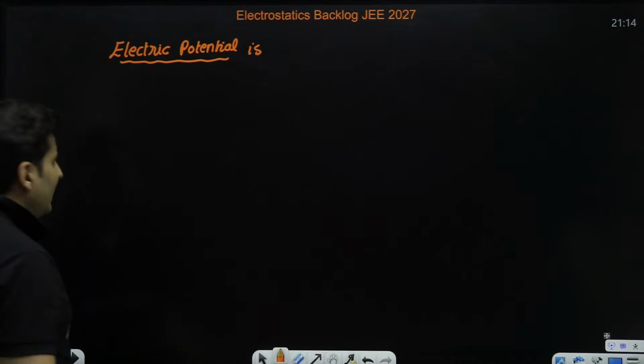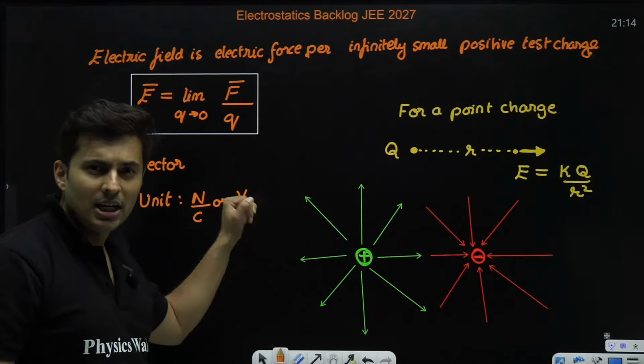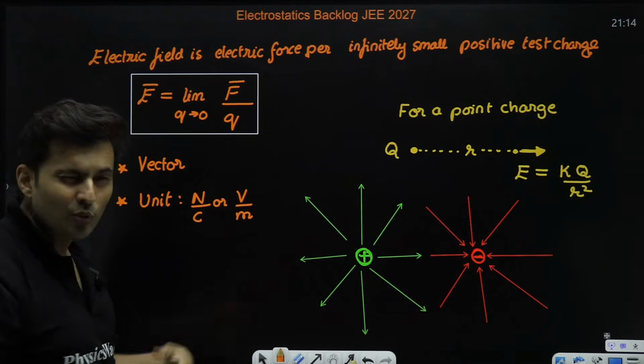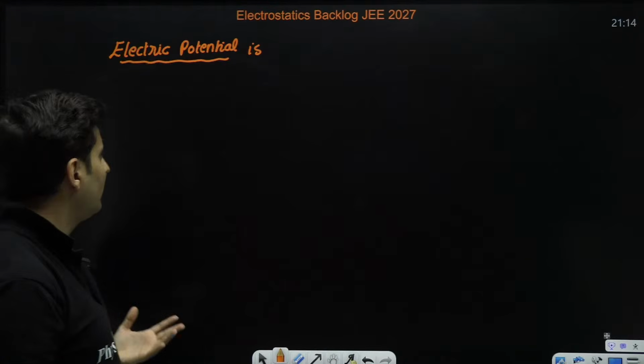You can write it as potential energy per unit charge, where that unit positive charge is tending to 0. That's one way of writing, but the formal definition is not like that.